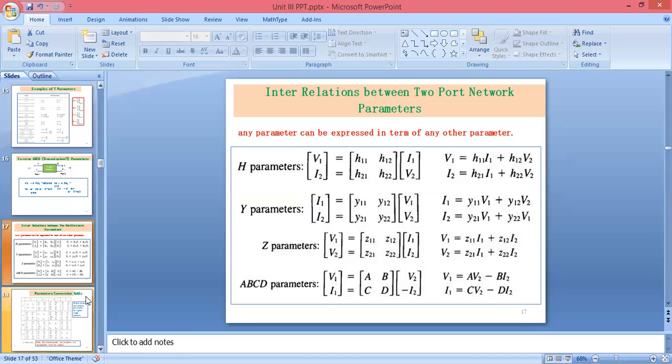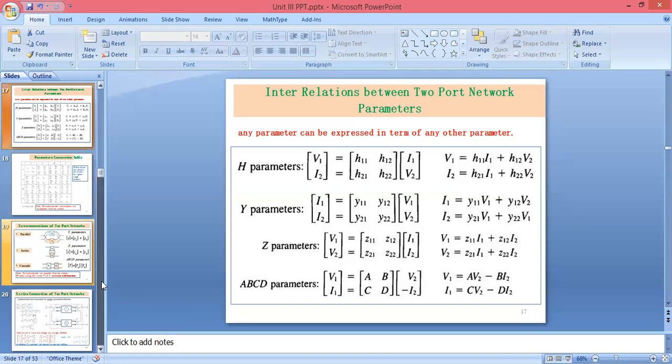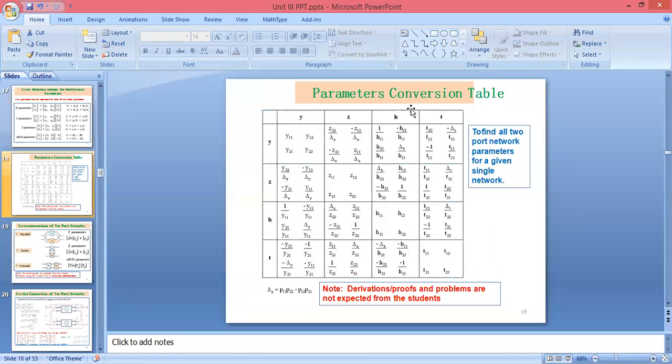Again, if you see, we can convert any type of parameter into the other, and the derivations and proofs are not expected to be studied in our syllabus. Only we need the formulas for how we are converting.